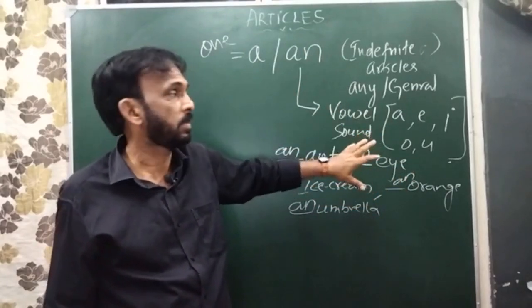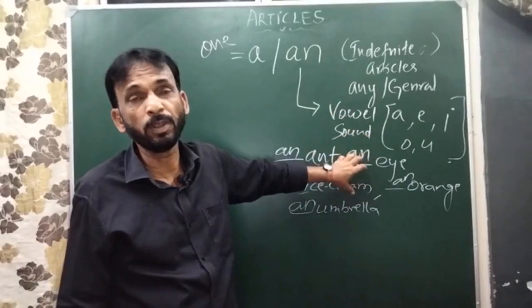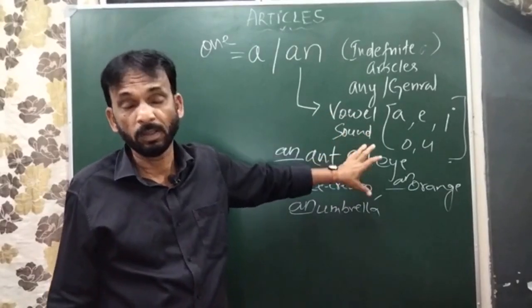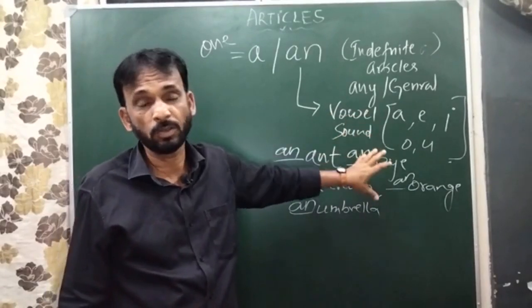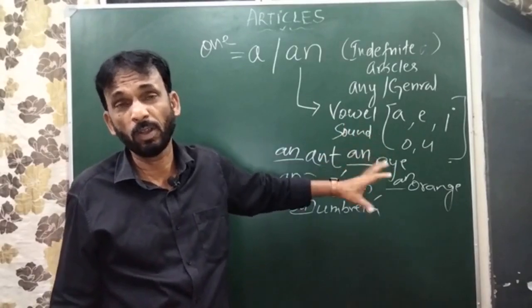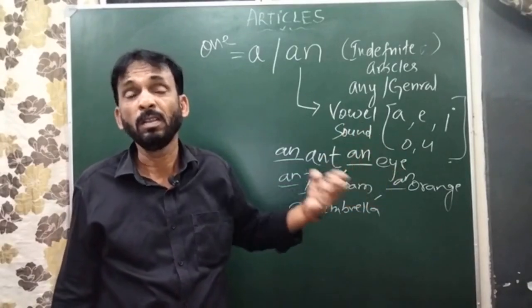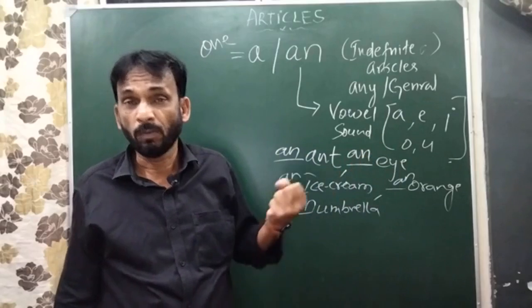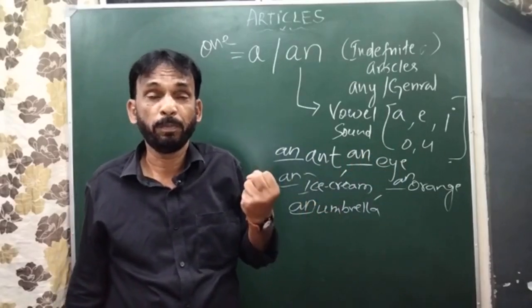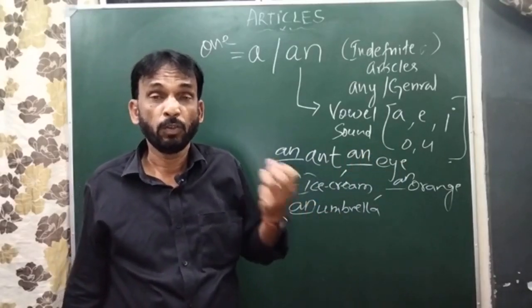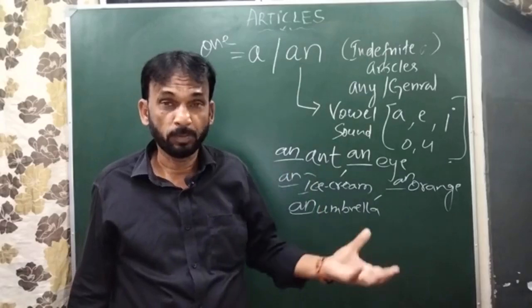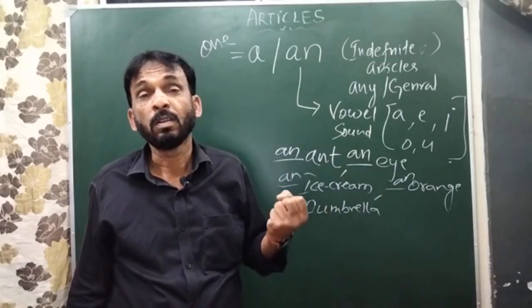And the third, the main rule, is it should produce a vowel sound. Why am I repeating again and again? Because some vowels, when we use them in some nouns, produce consonant sounds.